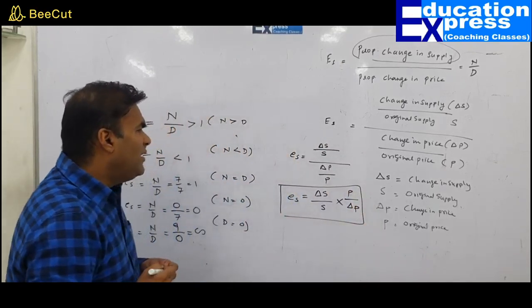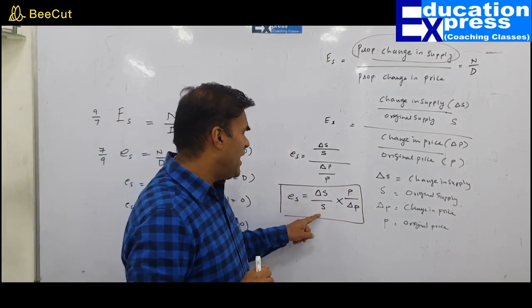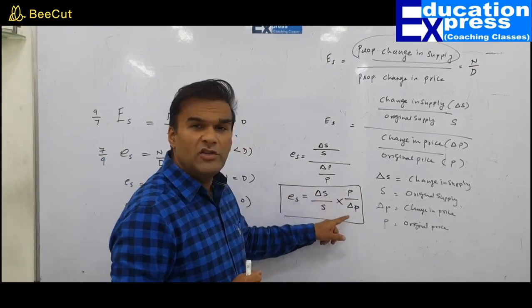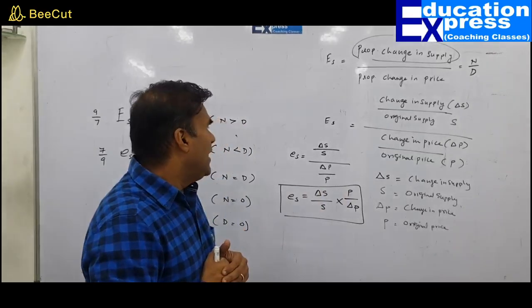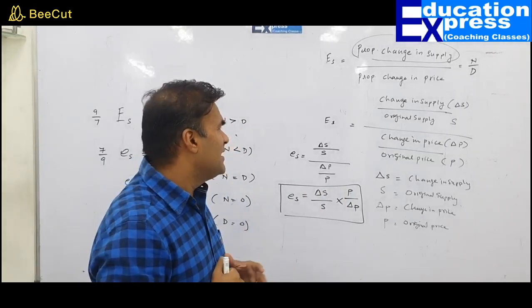So symbolically, elasticity of supply can be written as change in supply upon supply into price upon change in price. I am sure, my dear friends, until here this technical concept is understood.